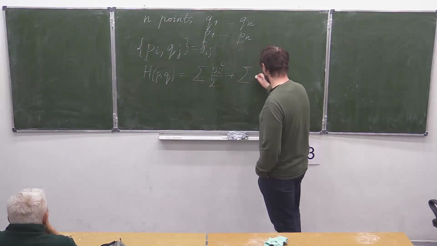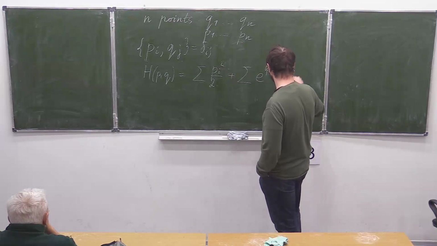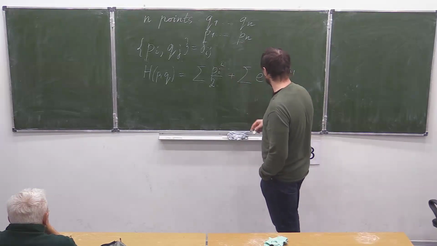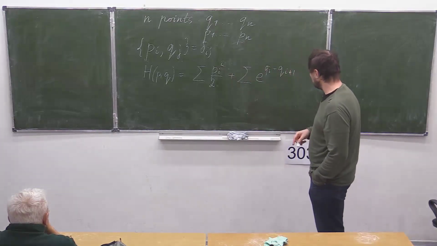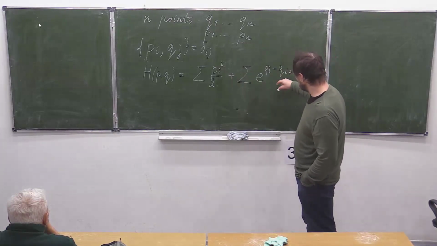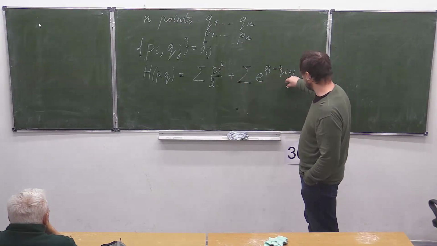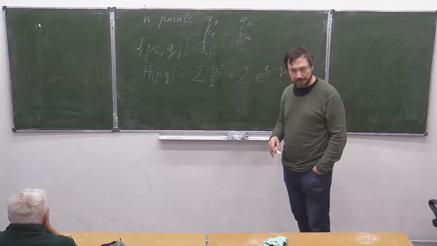It is exponential: the sum of the exponents of the differences qi minus qi plus 1. Here, indices correspond to the numbers of the points, but it doesn't mean that the points are ordered in accordance with their coordinates. The order of the indices need not coincide with the order of the points on the straight line at all.